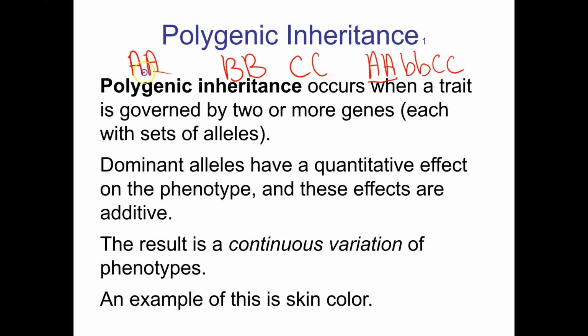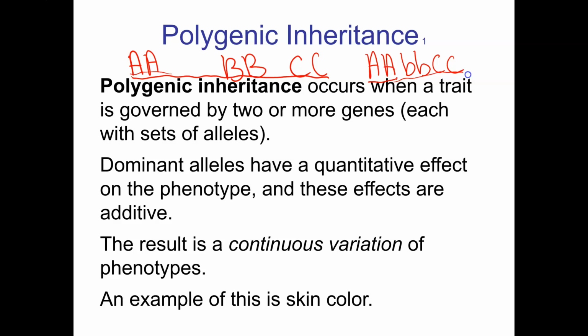So their characteristics are going to be very different from this individual. And so what this does is it produces a continuous variation, or a bell-shaped curve, for phenotypes.